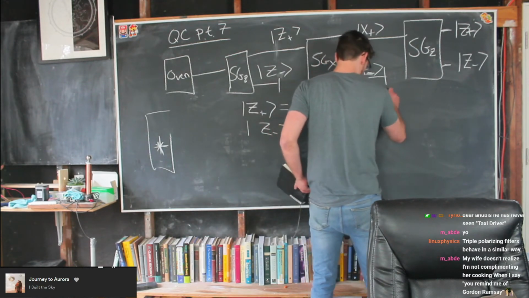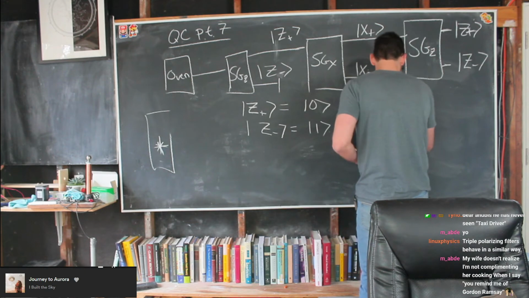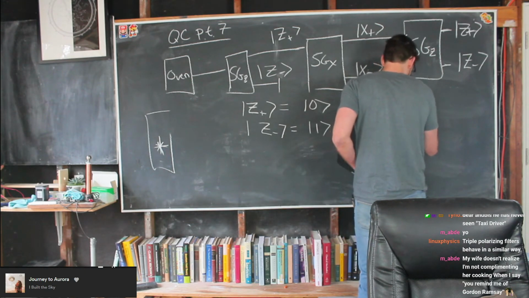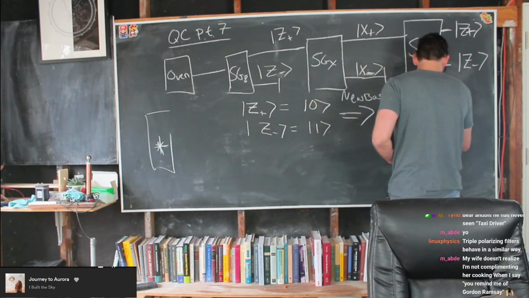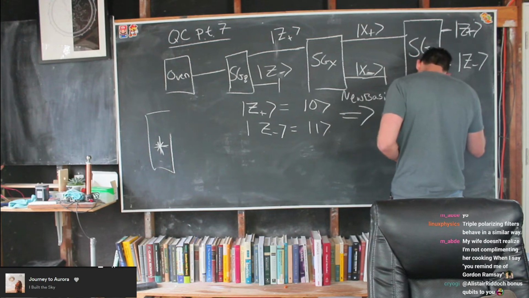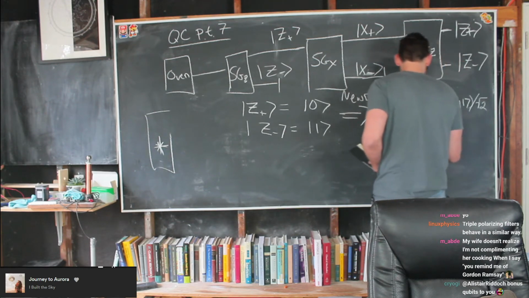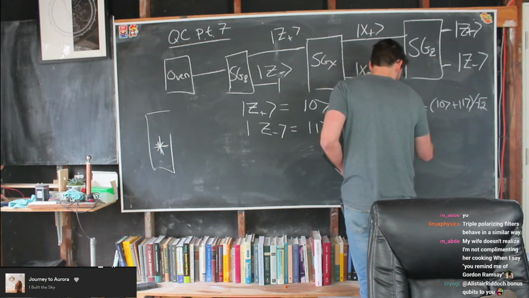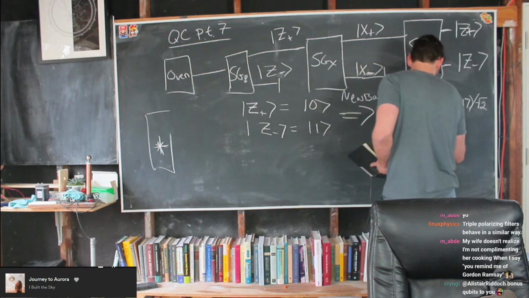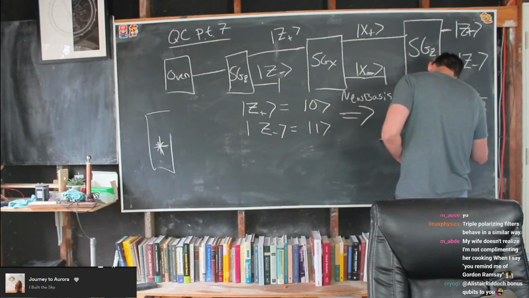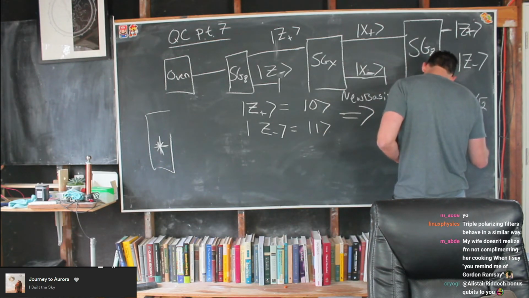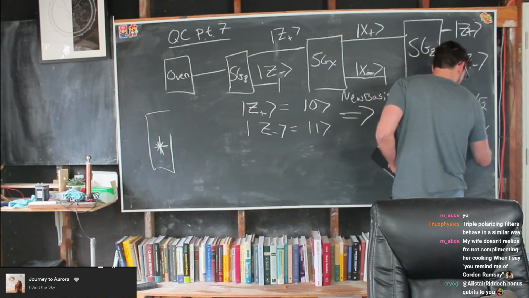So here's the math you wanted, Tyrion. We'll take the X up state and we'll send it to a superposition of 0 and 1, which we know it kind of has to be, right? In order to measure what we actually measure, it's all divided by root 2 for normalization purposes. X minus, that's how we get the probability of 1/2: the 0 minus the 1 state over root 2.